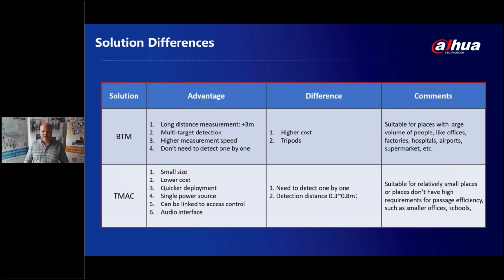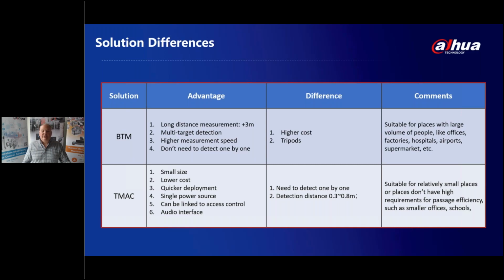For a large volume of people, like airports, as I mentioned, large offices, supermarkets, etc., the BTM could be an ideal solution. But if you want a system that's suitable for smaller spaces, maybe small retail, education, small offices, then the TMAC solution is smaller in size, lower in cost, and quicker to deploy, because you literally plug it in, switch it on, and it will start working and measuring temperature for you.